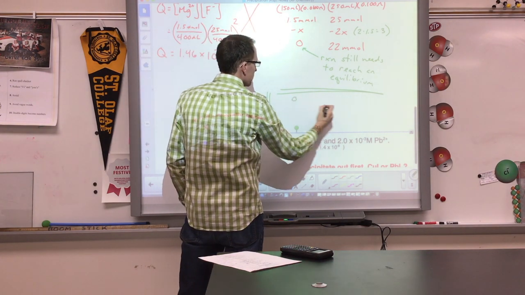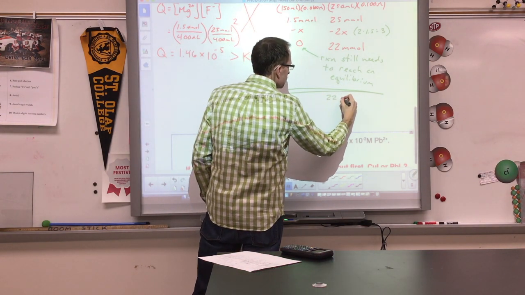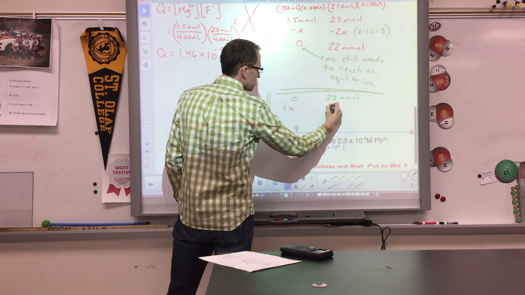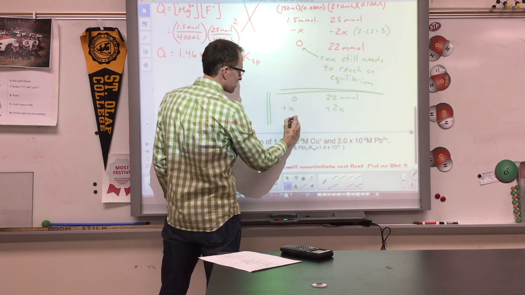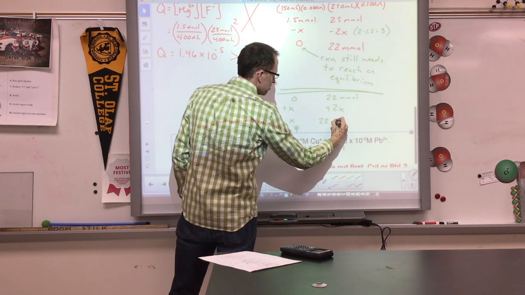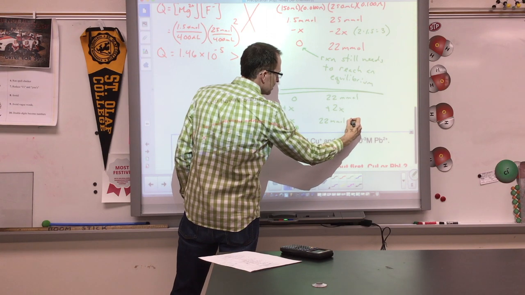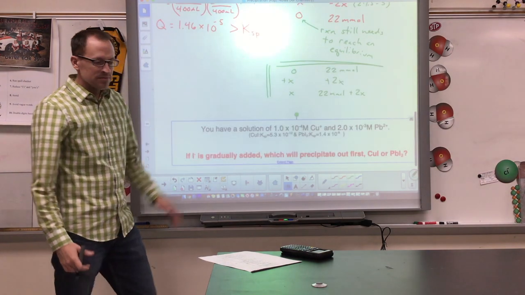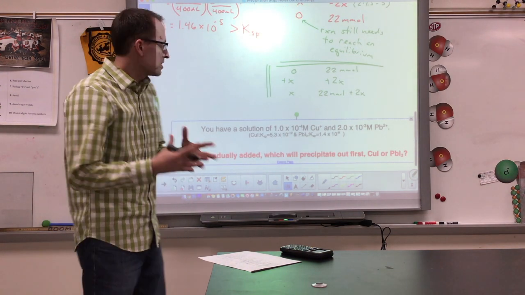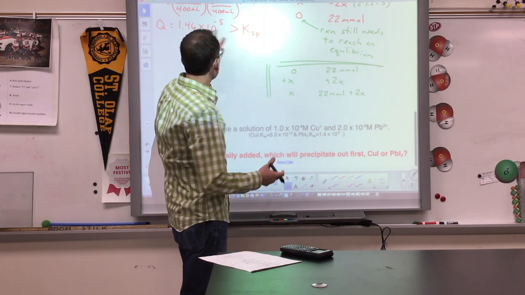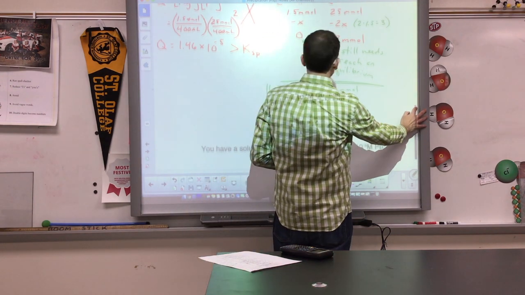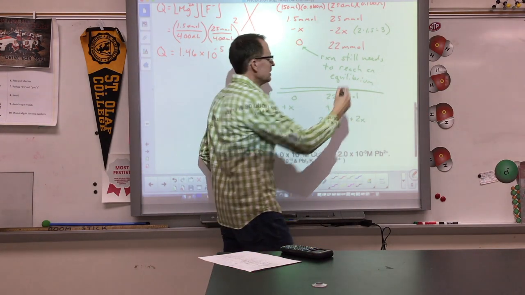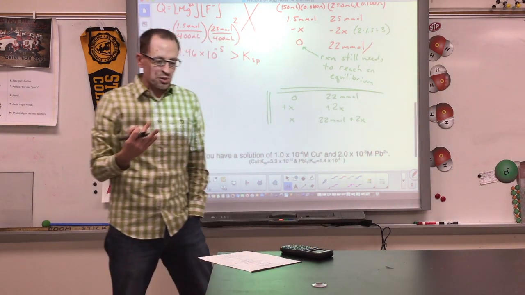So now I have a starting point, because I've already written here, of 22 and 0. Now I'm saying I'm adding them again, so it's going to be plus x. This will make more sense in a second. Plus 2x. So I have x, and 22 millimoles plus 2x. And we have one problem. I should have done this beforehand: when we do these, it needs to be in concentration. So I should have taken this and put it over a total volume.